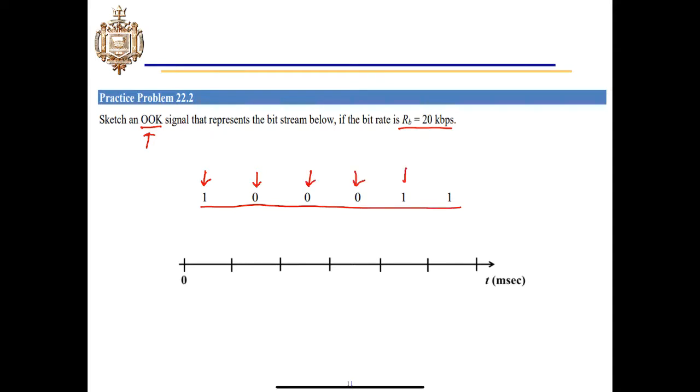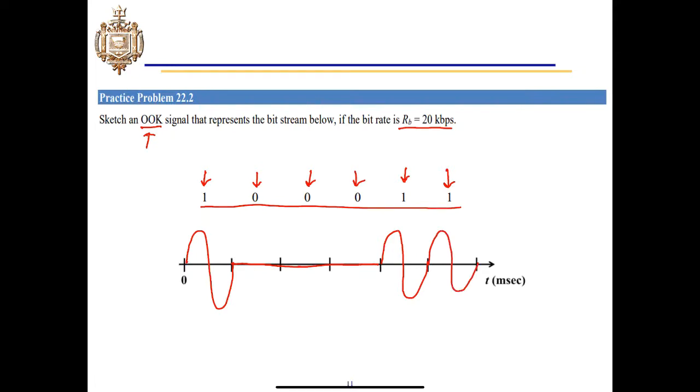Then we turn back on for these 1s, with no voltage at all for the 0s, and then on again for another 1 bit.